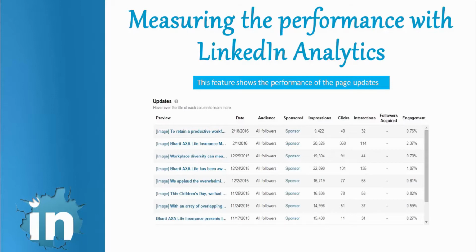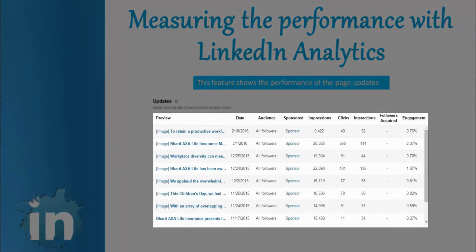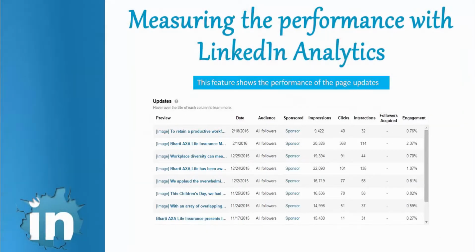This information will give you a preview of the update, the date on which it was published, if it was targeted to any specific audience, if any paid medium from LinkedIn was used, the impressions created by that content piece, clicks received by that piece of content, interactions in terms of likes or comments received, if any followers were acquired using this piece of content, and the percentage of engagement that any of these content pieces have got.